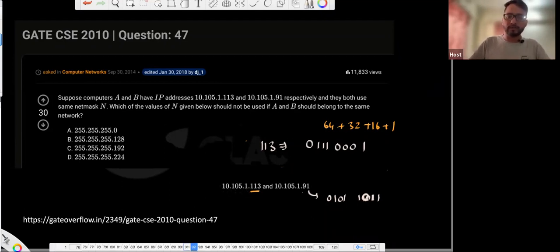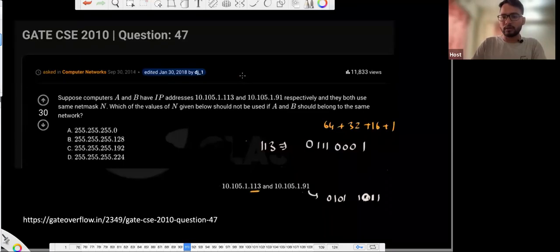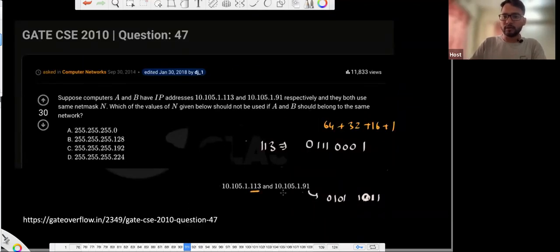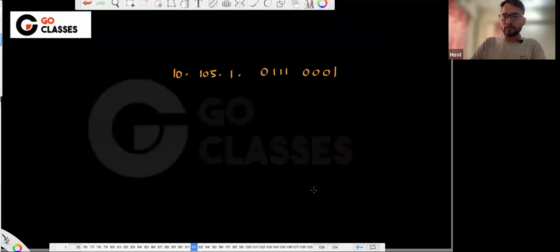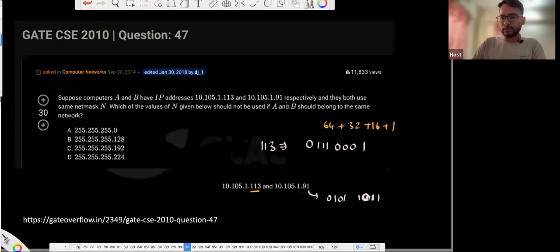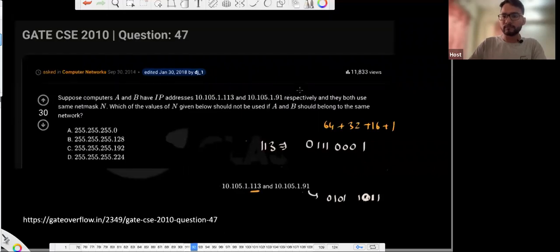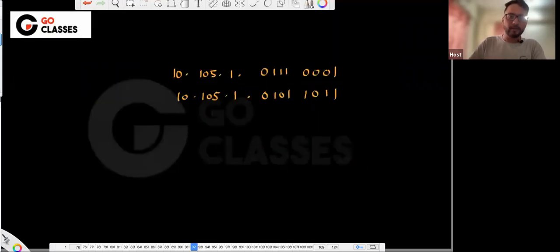So let me go to the next page. This is 10.105.1.113, which is 0111 0001, right? And then 10.105.1.91 means 0101 1011. Tell me how many bits are common till this point, right?